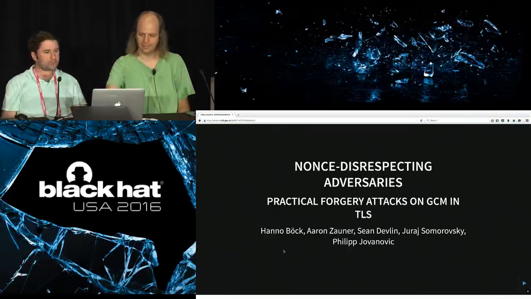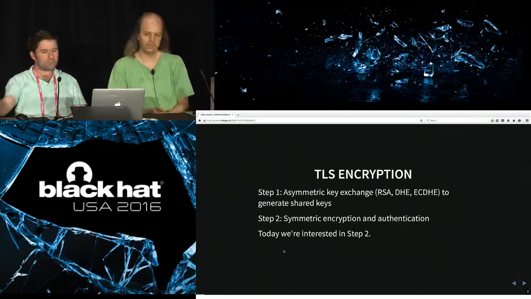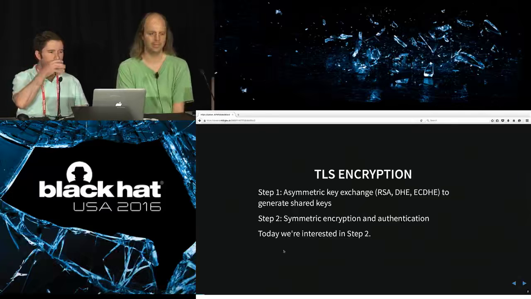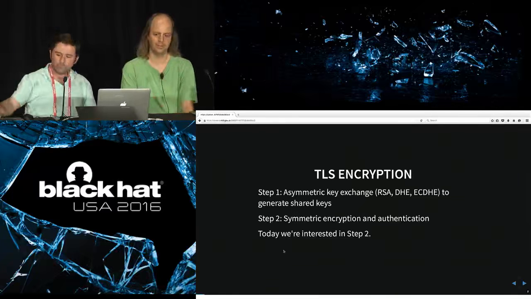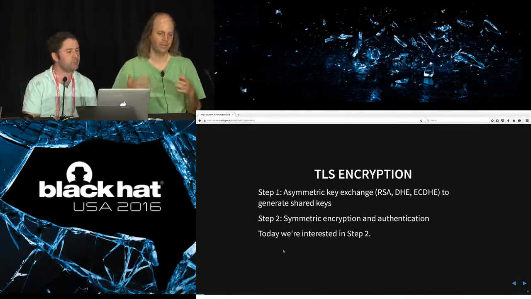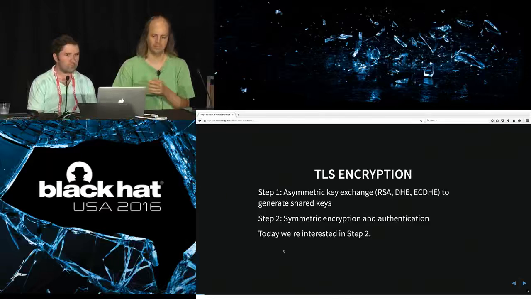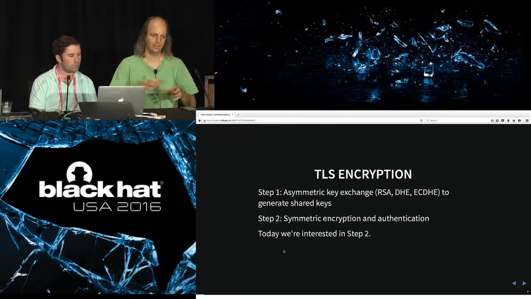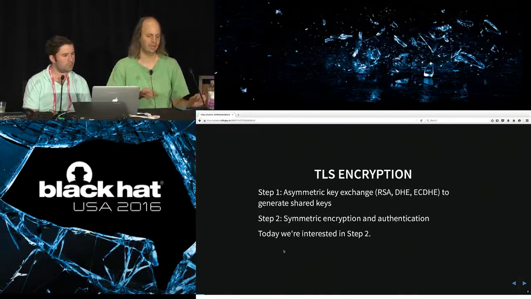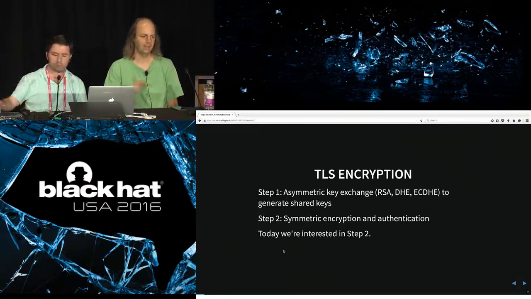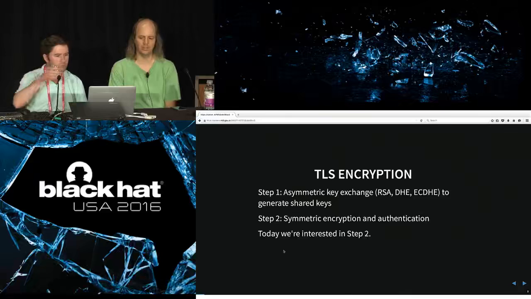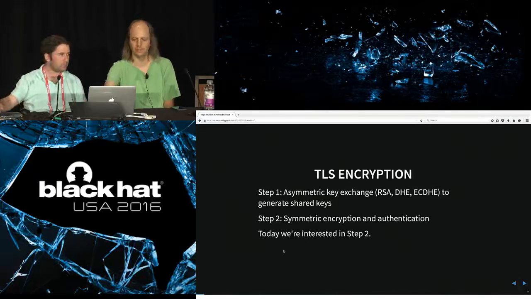Okay, so we want to talk about TLS encryption and especially the symmetric part of TLS encryption. Very roughly, how the TLS protocol works is that first we have some kind of key exchange, and then we get a shared key between the client and the server, and then we use some symmetric encryption and authentication, and this second part is the one we want to look at today.